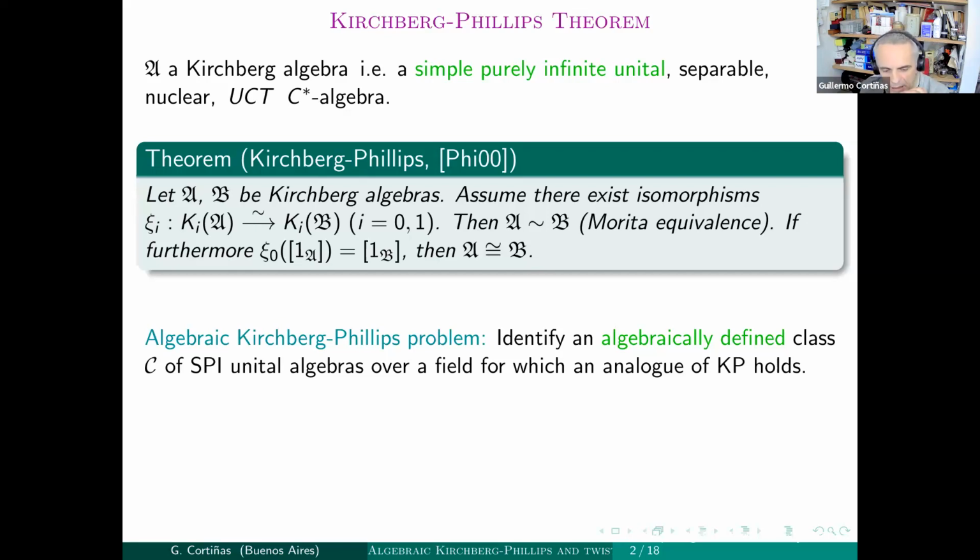Well, talking about C*-algebras, if the algebra is in the triangulated subcategory of the Kasparov category KK generated by the complex numbers, then it satisfies the UCT.